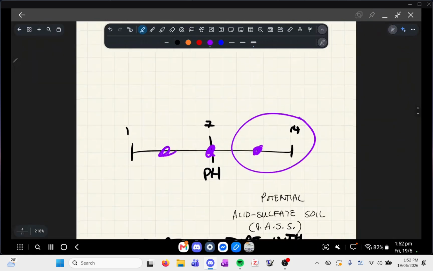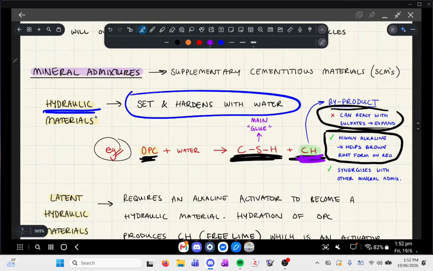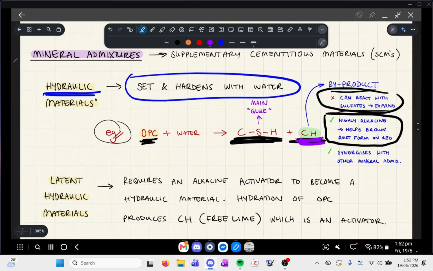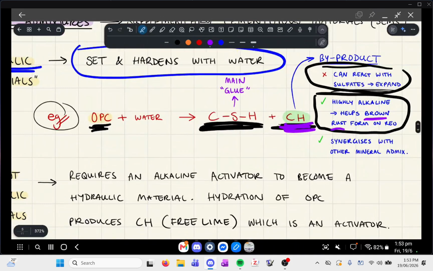This is alkaline. And what makes it alkaline is this CH, okay? So this helps the brown rust to form on the rebar, as I mentioned last workshop. So the other thing to realize about CH is that you can essentially consume it.